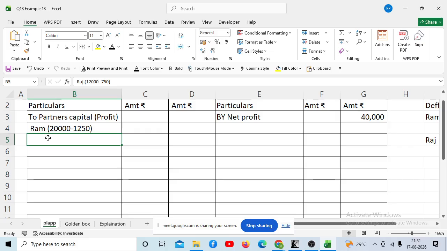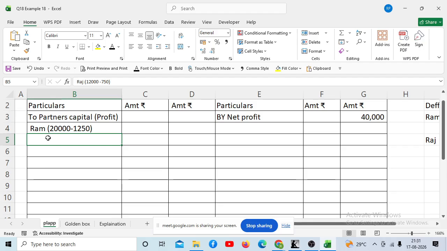Similarly, how much Raj will get? What was the ratio? 5 is to 3 is to 2. 12,000.